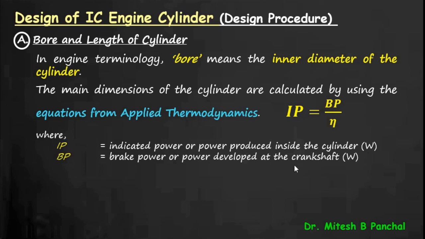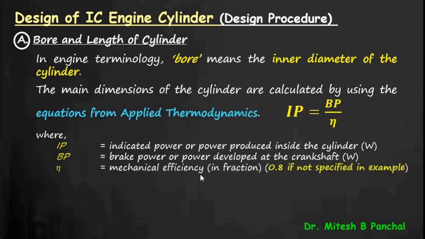BP is the brake power or power developed at the crankshaft, that is in watt. Eta is the mechanical efficiency, that is in fraction, and that is generally taken as 0.8. So if in the example the mechanical efficiency is not given, you have to assume eta as 0.8.